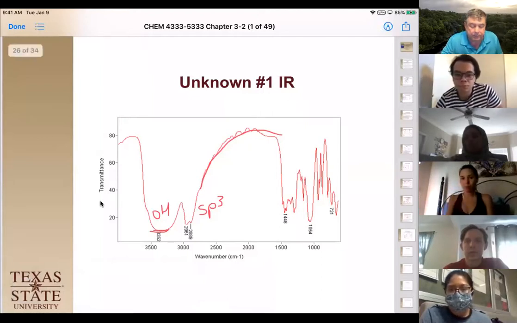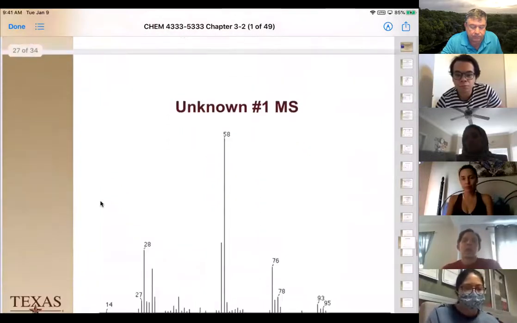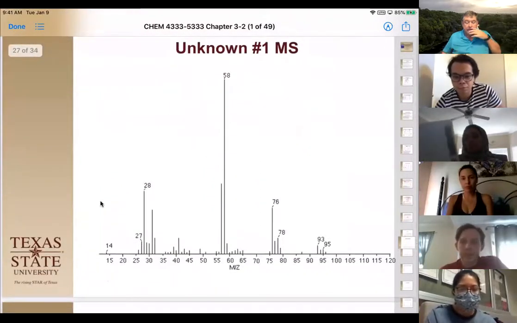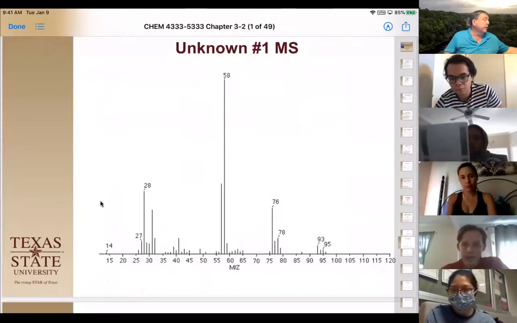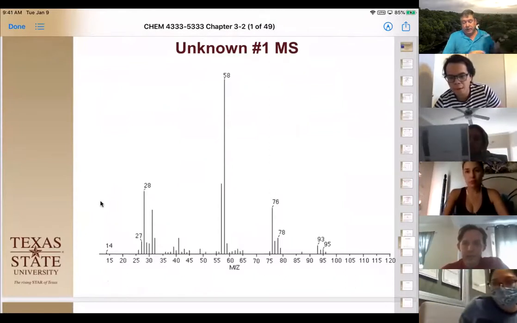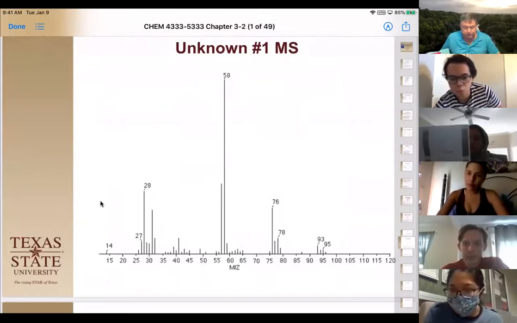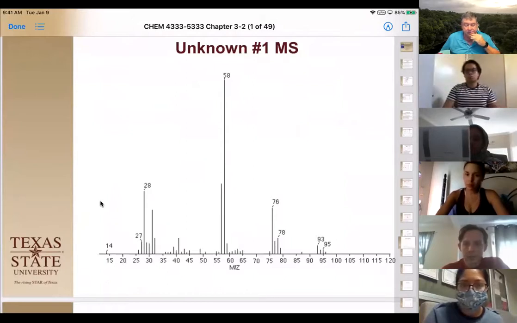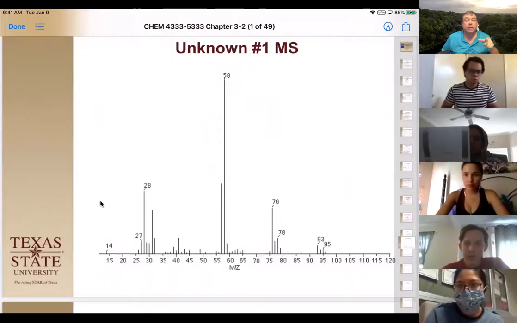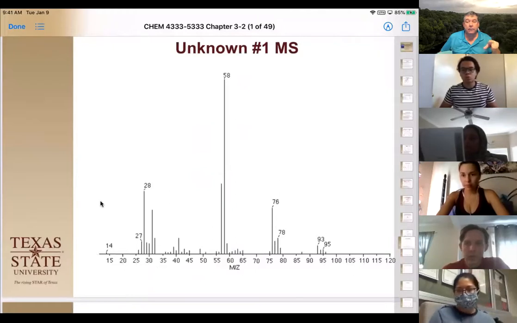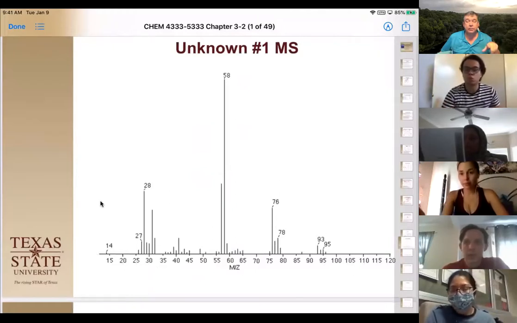So now let's go to the mass spec. The mass spec tells us a lot. Our molecular ion peak looks like it's 93 or 95. That's interesting. Oh, wait, our IR said we had an alcohol. Alcohols occasionally lose a hydrogen during ionization.